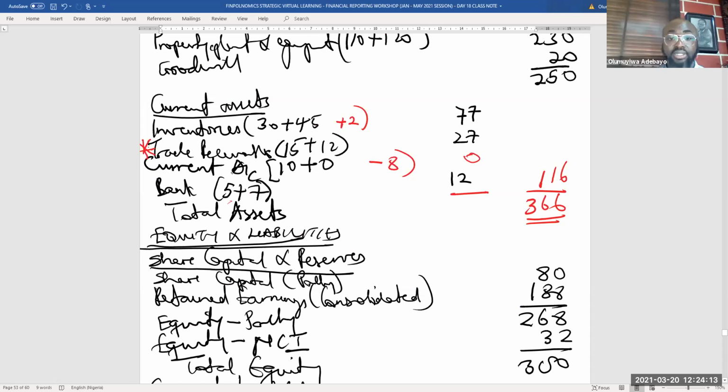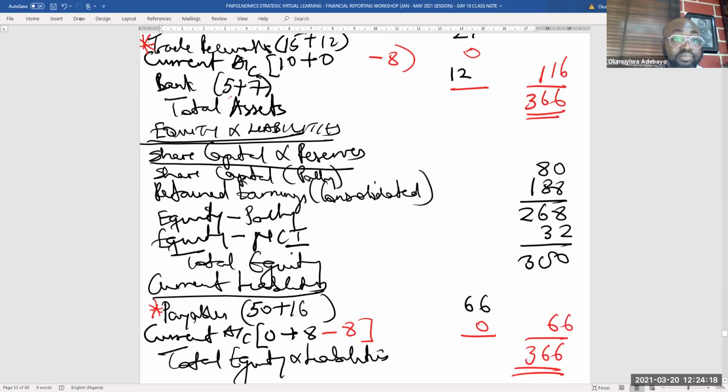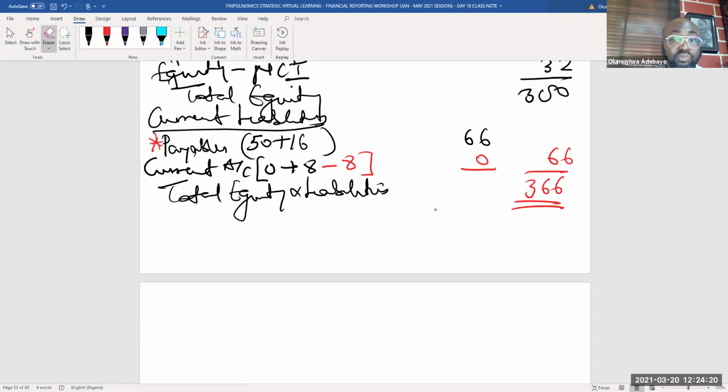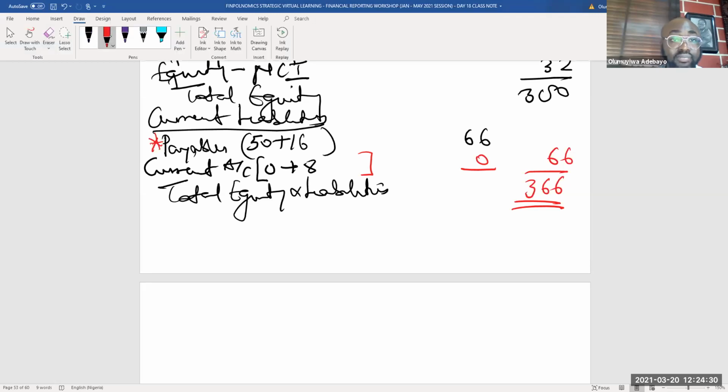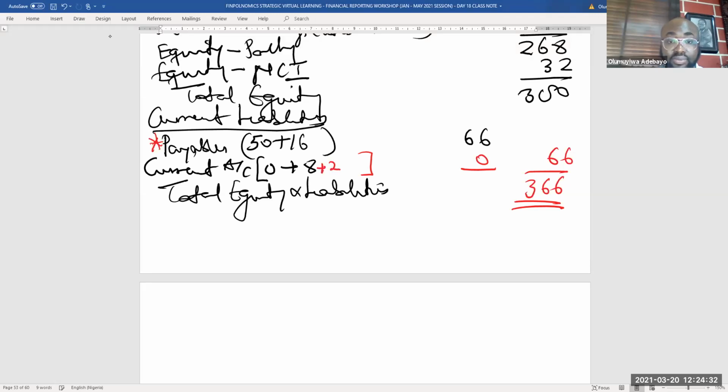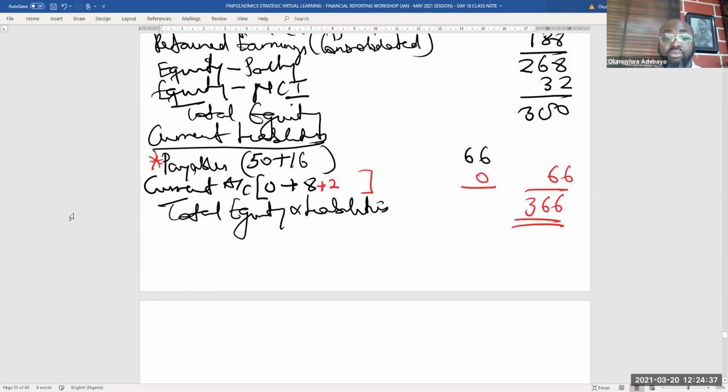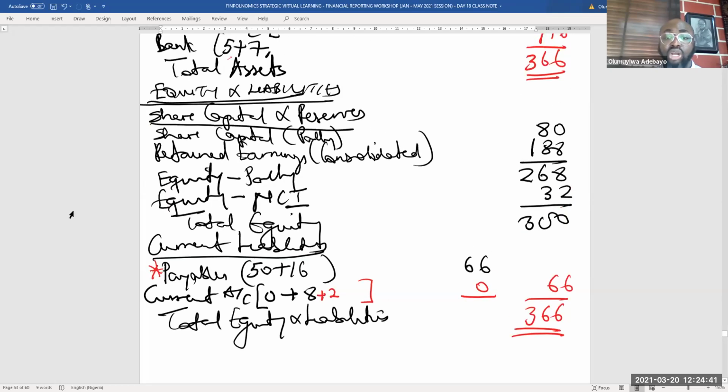Rather, I bring the adjustment here. A credit to a payable account is an increase in payable. That's it. Now, what is the agreed intercompany balance to be eliminated?